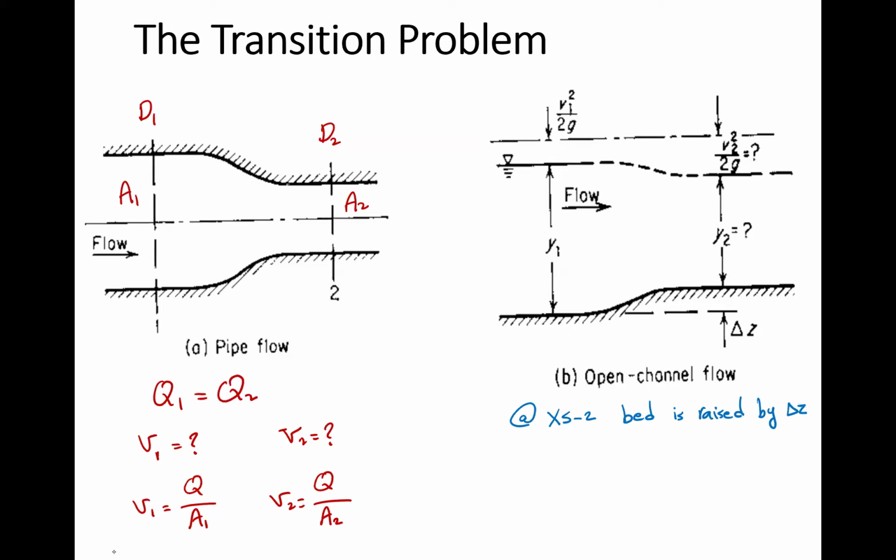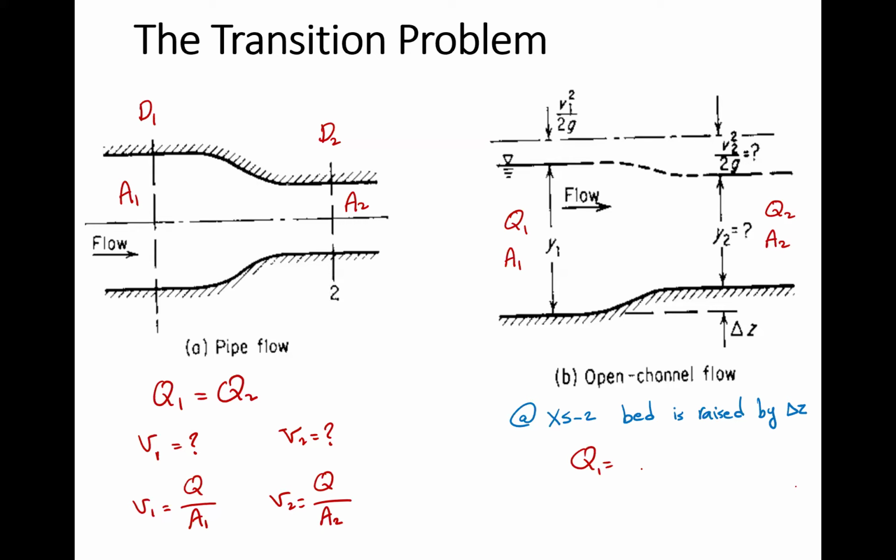At section 1, we have an area of A1, we have a discharge of Q1. At section 2, we have a discharge of Q2, and a depth of Y2, right? We know that from continuity, or conservation of mass, Q1 has to be equal to Q2. That's something we know. Okay, that's good.